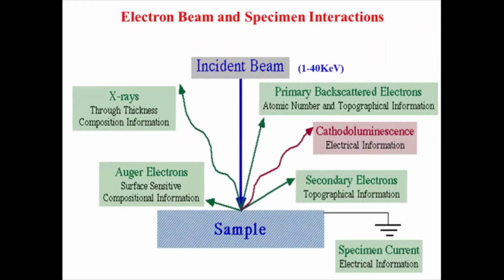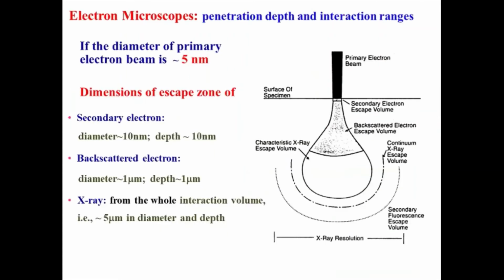But nature has played a vital role. If you look at the energies with which these primary or secondary electrons come out, the volume or areas from which they are ejected, and their directional characters, they are very well defined.